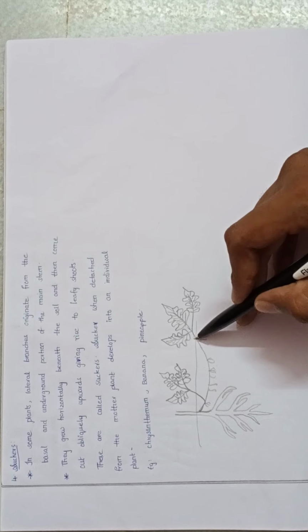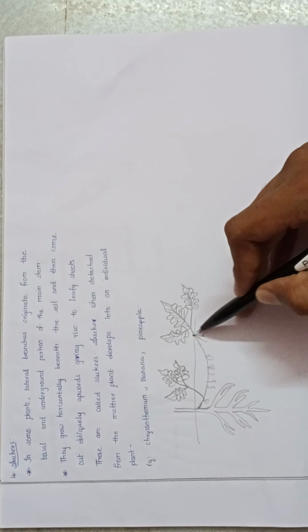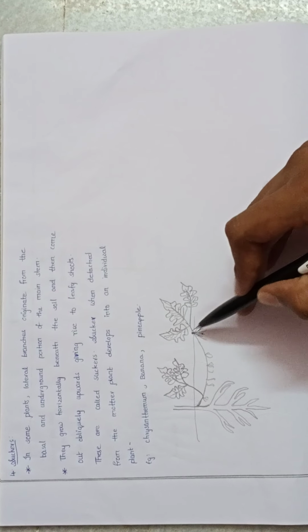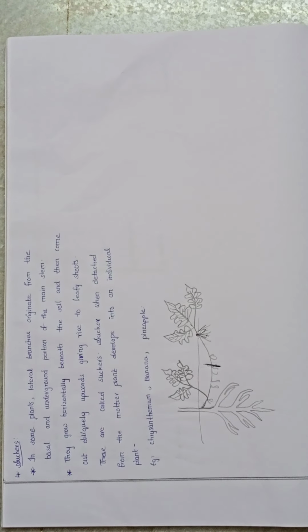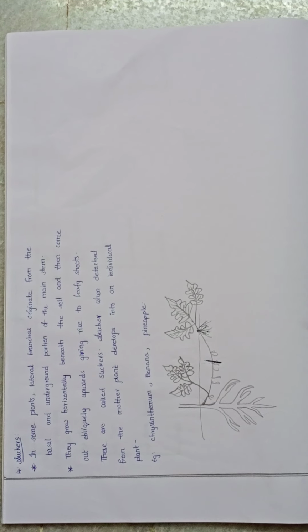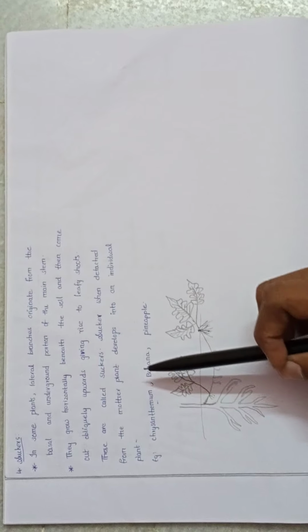At the point between aerial and soil, the adventitious roots are produced and form an individual plant when the lateral branch is detached. This is a type of vegetative reproduction, and examples are chrysanthemum, banana, and pineapple.